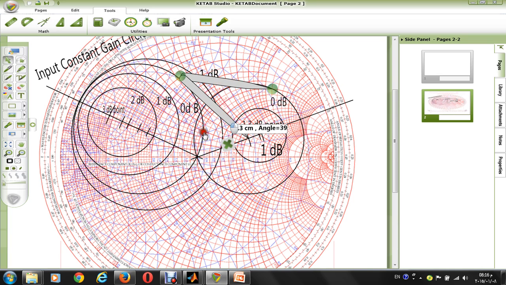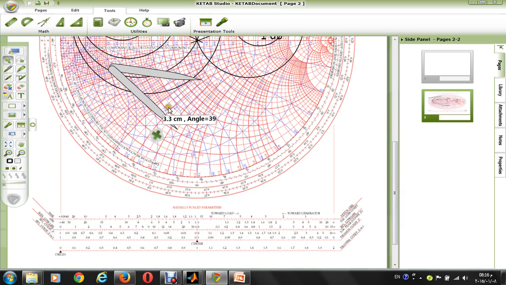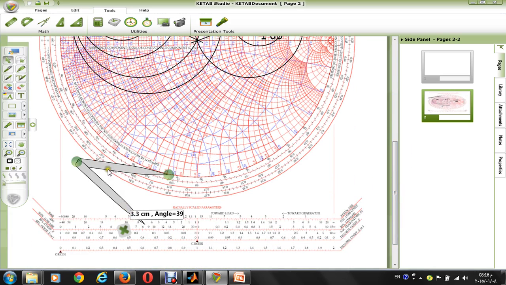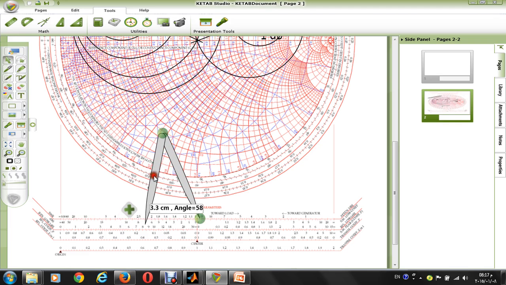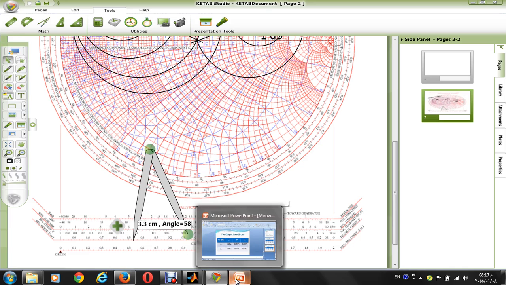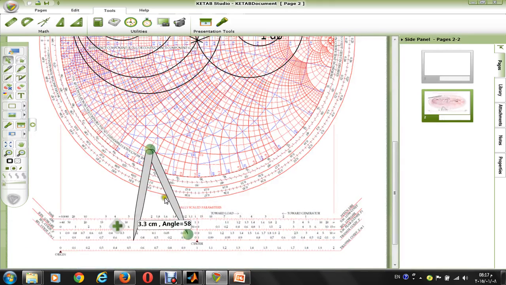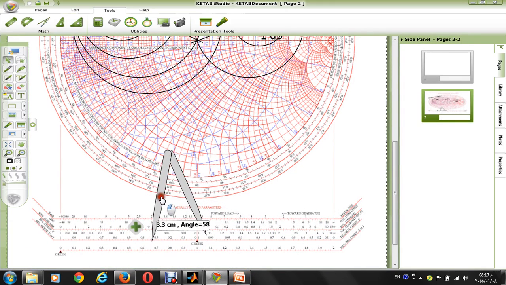And for the last circle I'm going to draw, I go to the reflection coefficient scale, but first the distance is 0.336, okay, 0.336, here is 2, here is 8, okay, this is fine enough.